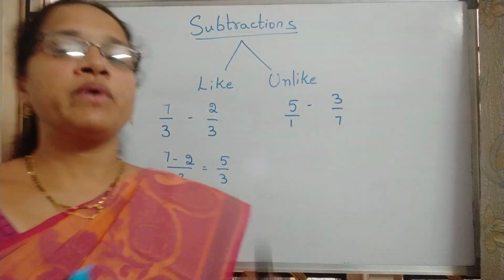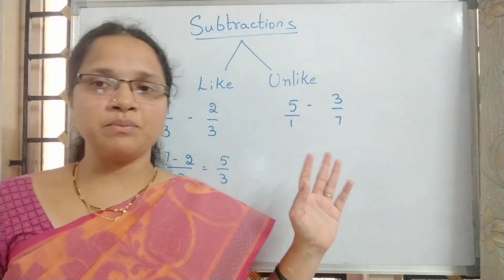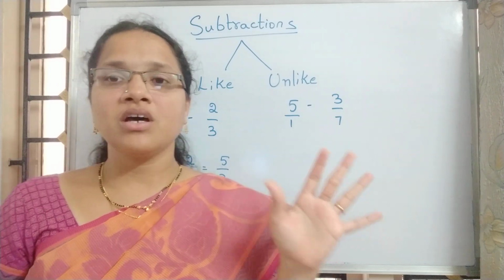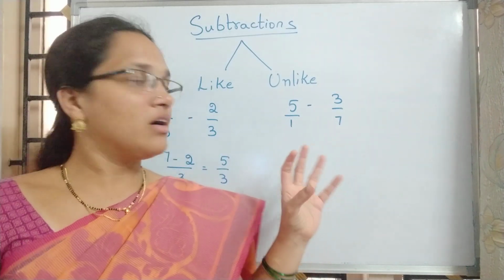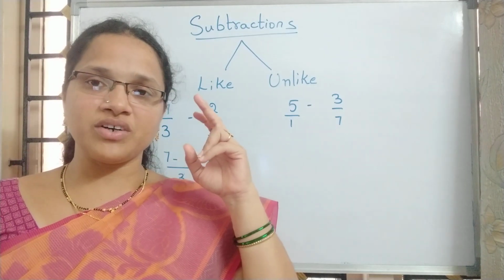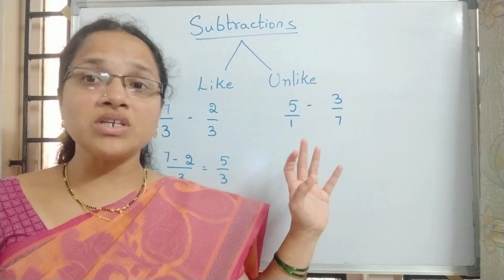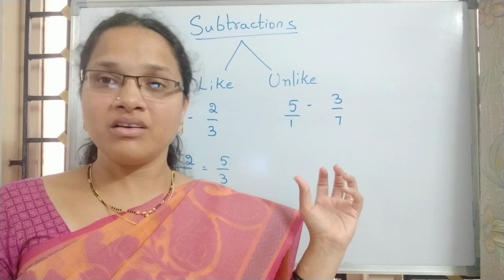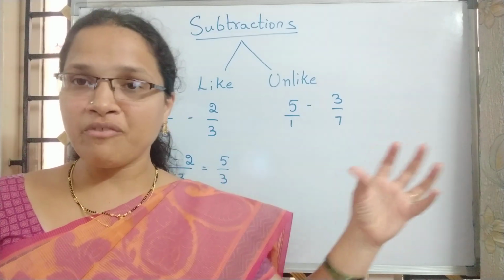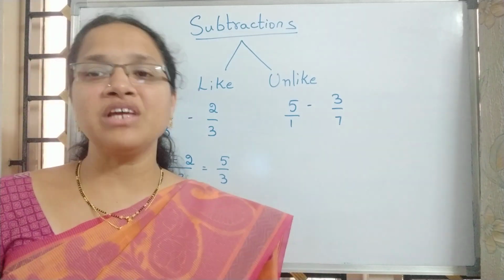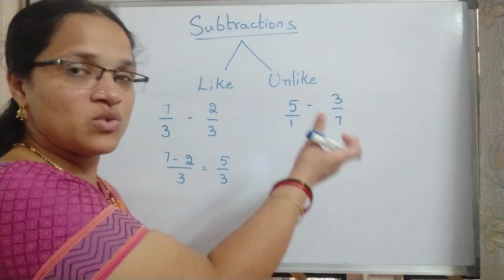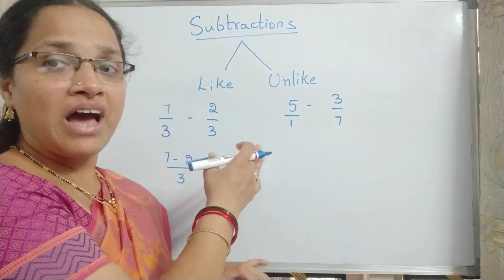You might wonder why I started with the smaller number first, because for the smaller sections, students will not find it easy to subtract a bigger number from a smaller number. So let us go with their convenience. That is the reason I took this side, and you will have this as a model when you take the first fraction as a whole number.